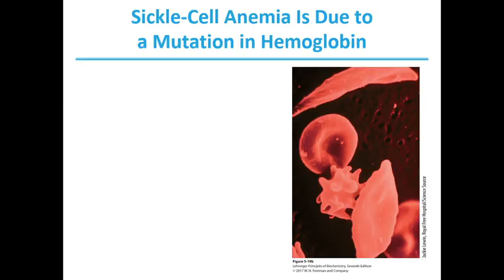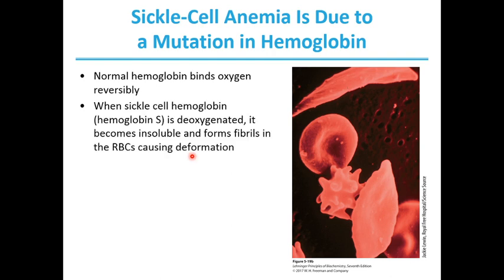Sickle cell anemia is a hereditary human disease which is caused by a mutation in hemoglobin. Normal hemoglobin binds oxygen reversibly, as we know. Sickle cell hemoglobin, when it is deoxygenated, becomes insoluble and forms fibrils in the red blood cells, causing deformation, as you can see on the right here.